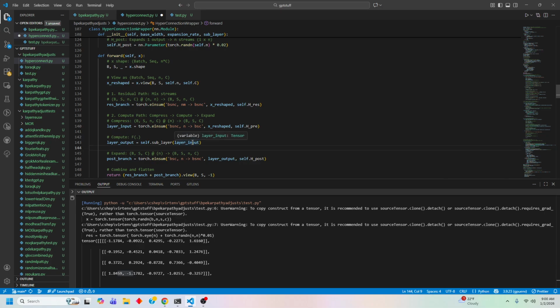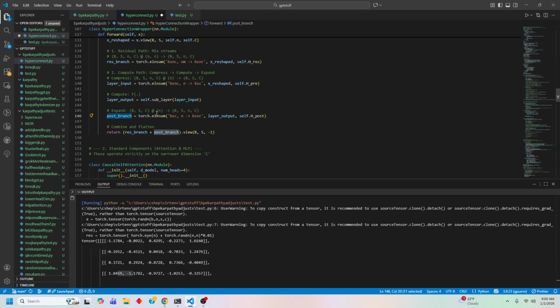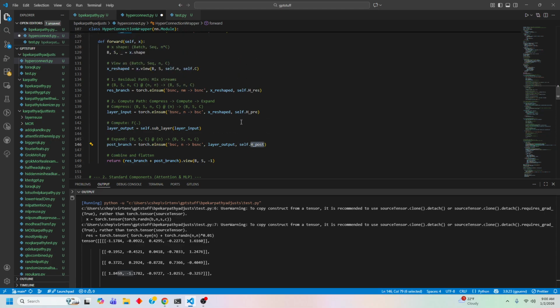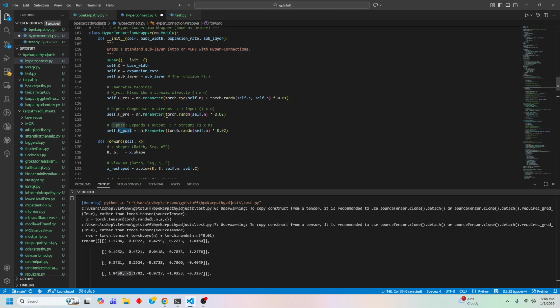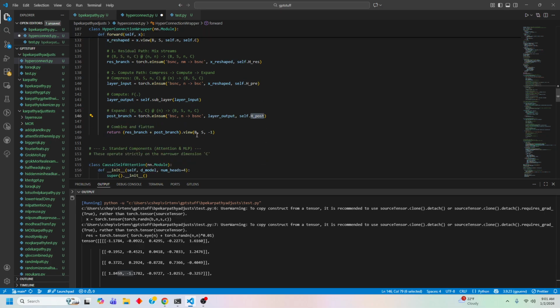This is where you do the attention, or when we do the MLP part, this is where you would put the MLP. Then you do the Einstein summation to get back out the output, because you shrank it. Now you have to unshrink it with the hpost. So hpre was a 1 by n to shrink it down. Hpost is a 1 by n to expand it back out. And then you return the residual branch.